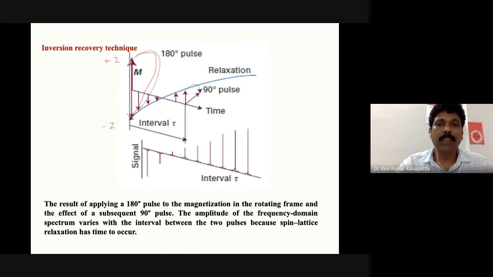Originally the net magnetization vector is negative, here like this, and the job of the 90-degree pulse is to tip the magnetization vector to the xy plane, where it starts precessing.